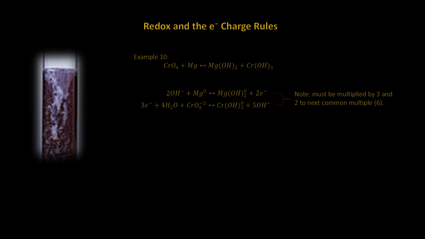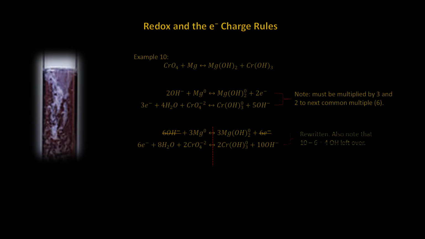As shown, the equations are then rewritten. Note that the hydroxides are cancelled out. However, there are 10 hydroxide ions associated with the chromate and 6 associated with the magnesium. After cancelling the 6 hydroxide ions out, 4 are left over in the product side. The final balanced equation is as shown.